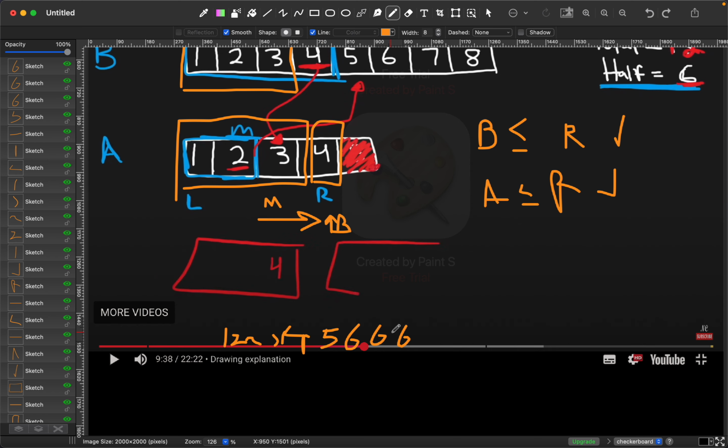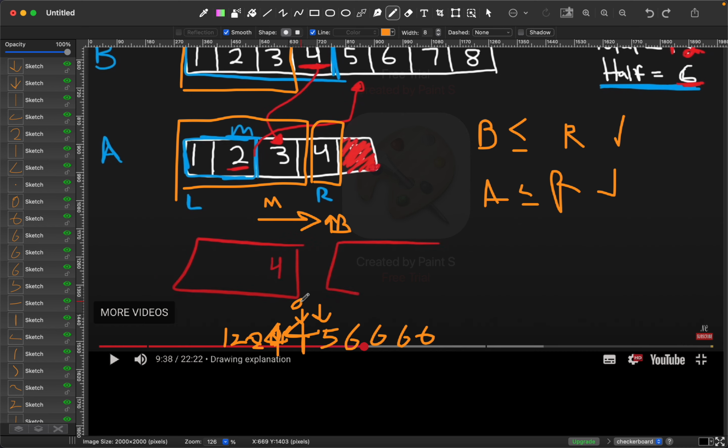Oh my god, it's hard to write. For example, I need to take these two values and then divide them.